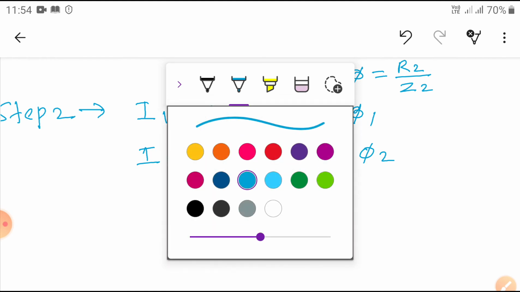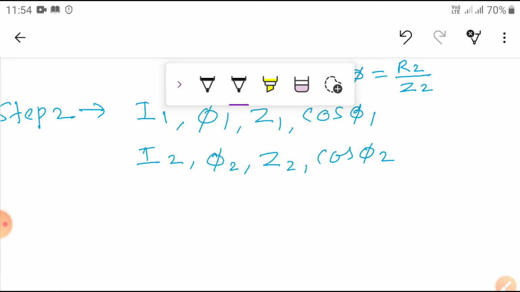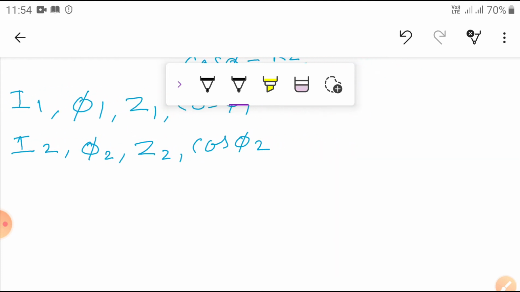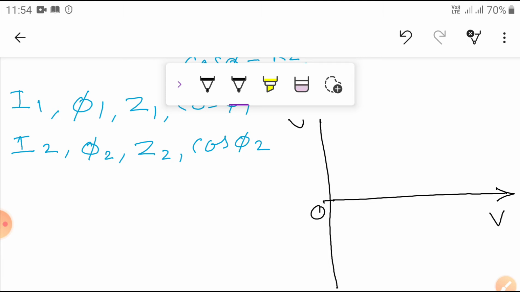Okay, let us draw the phasor diagram. Take the black marker. So here, based on this one you are going to draw the phasor diagram. You take this reference voltage at 0, this is the positive Y, negative Y. Now in this case, what is the I1? I1 at an angle of phi 1.